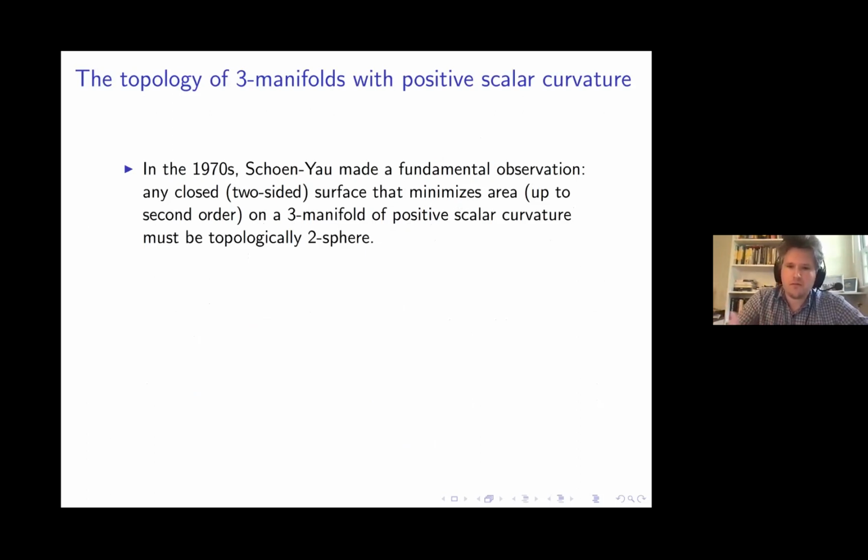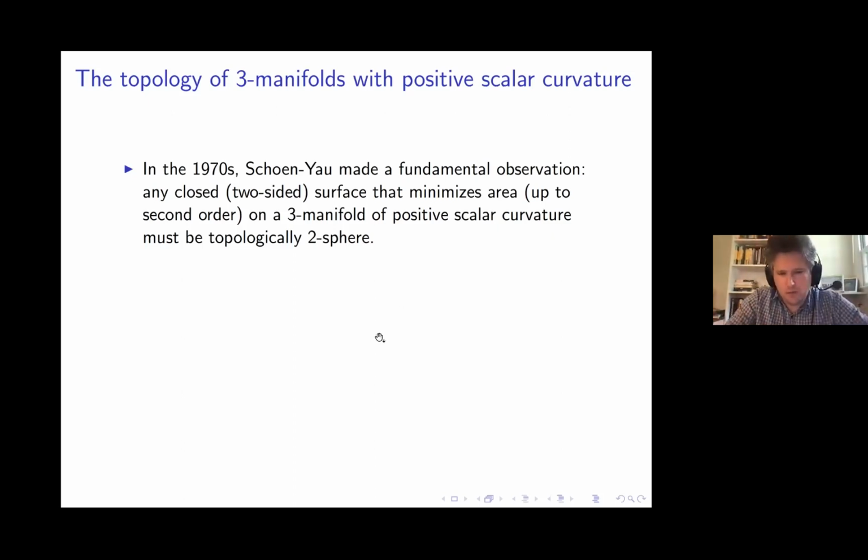So if you have a manifold with a stable minimal surface and the manifold has positive scalar curvature, then that has to be a sphere. Now there are some other cases, it could be an RP2, depending on whether the surface is one-sided or two-sided and so on. But if we restrict to orientable manifolds and two-sided surfaces, then it has to be a sphere, okay?